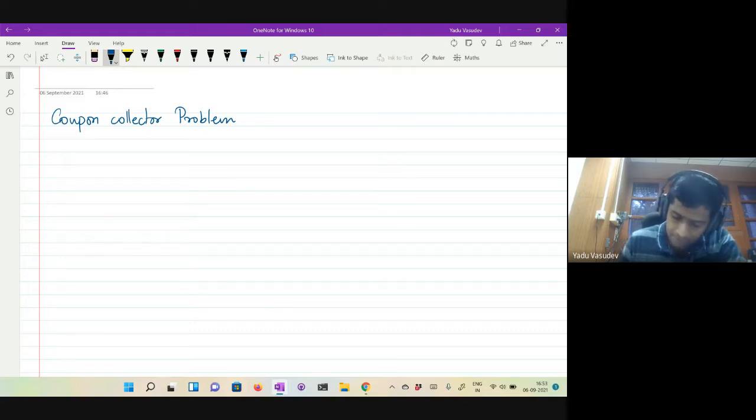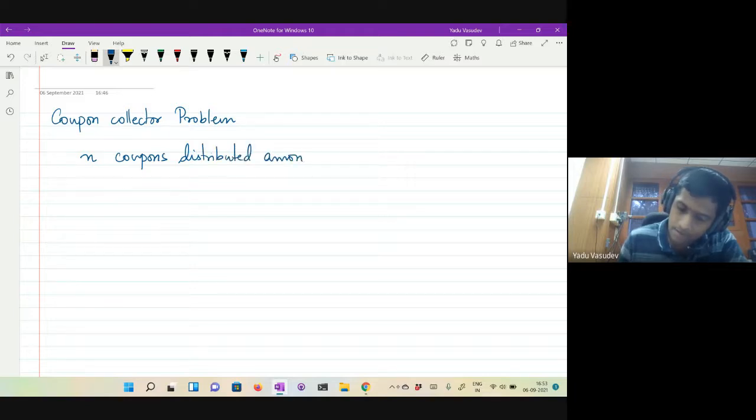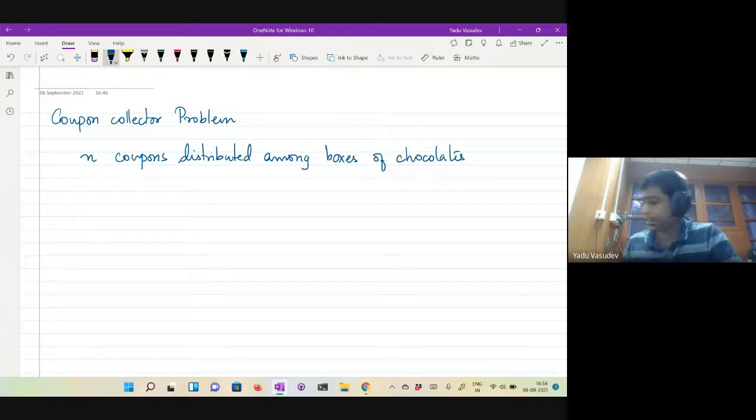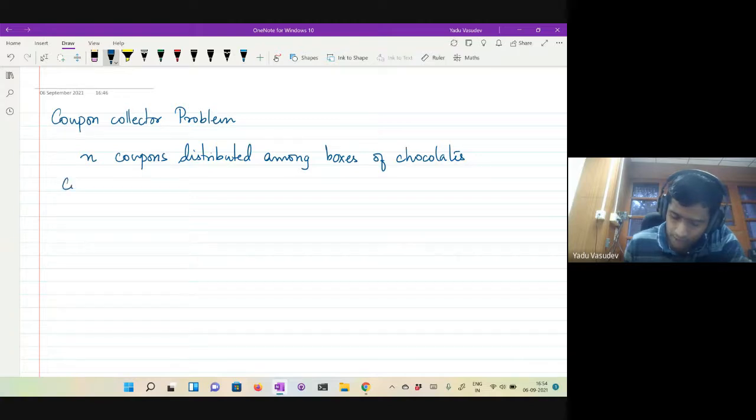You have n coupons distributed among boxes of chocolates, say, correct? And you want to collect all n coupons, and the question is how many boxes of chocolates should you buy?